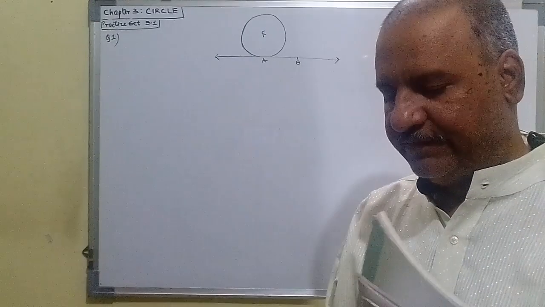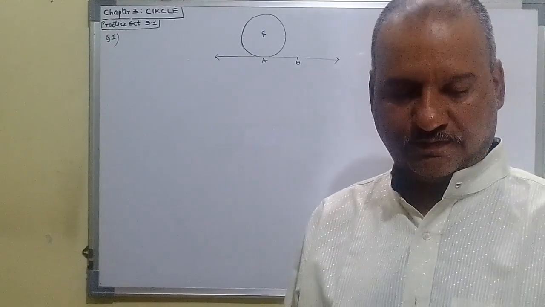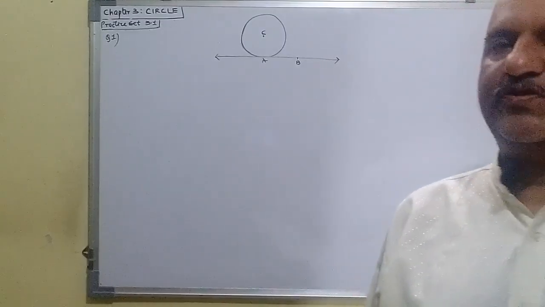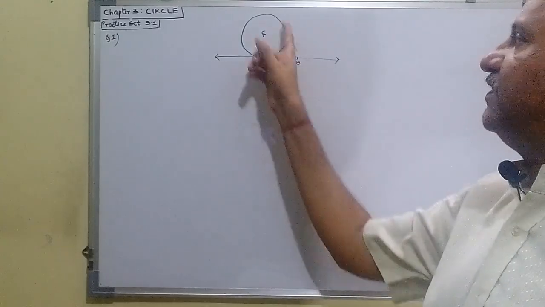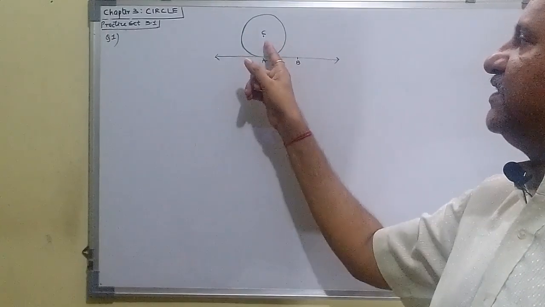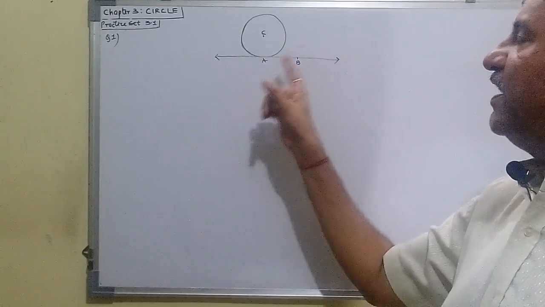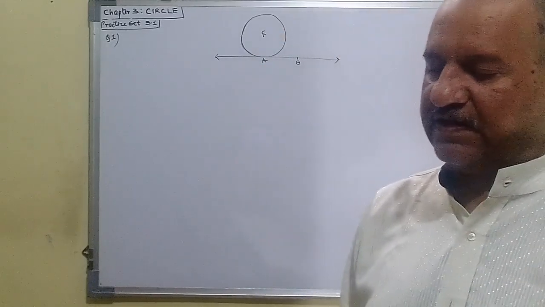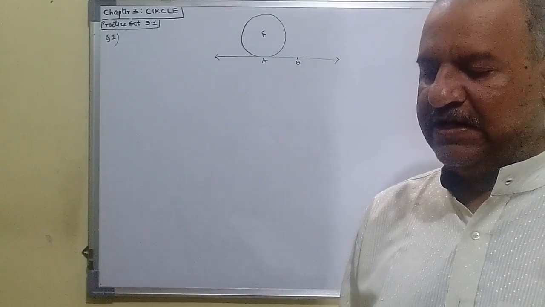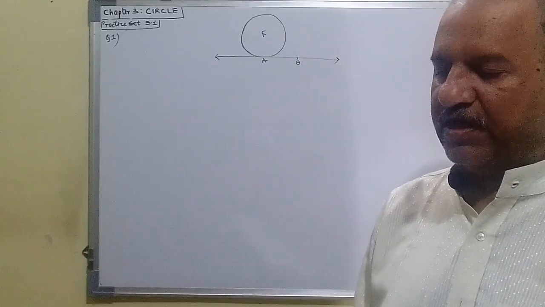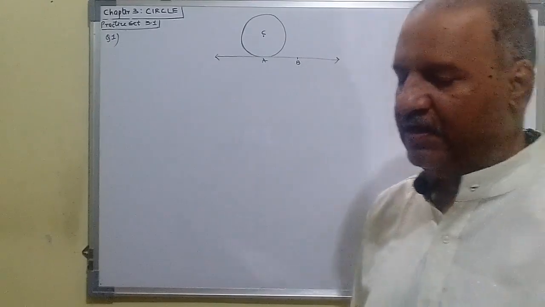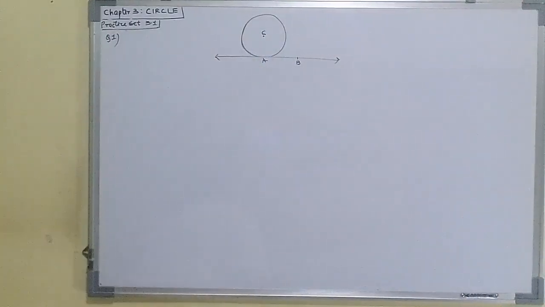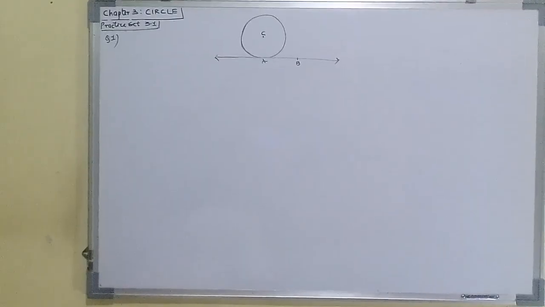In the adjoining figure, the radii of a circle with center C, you can see, this is a circle with center C. Radius will become AC. Radius is 6 centimeters. Line AB is a tangent at point A. Answer the following questions. ओके आंसर करेंगे भाई. पूछो.